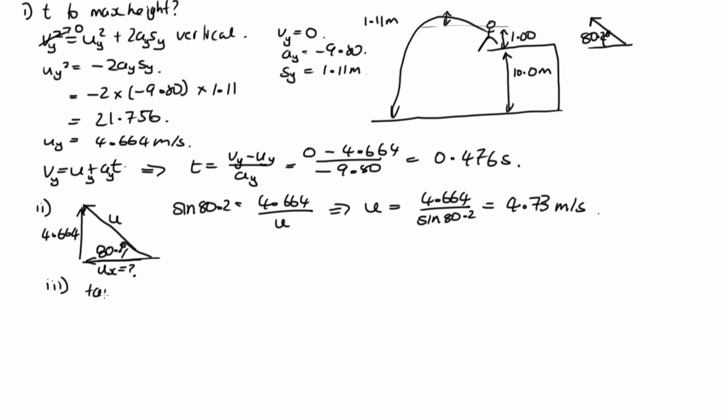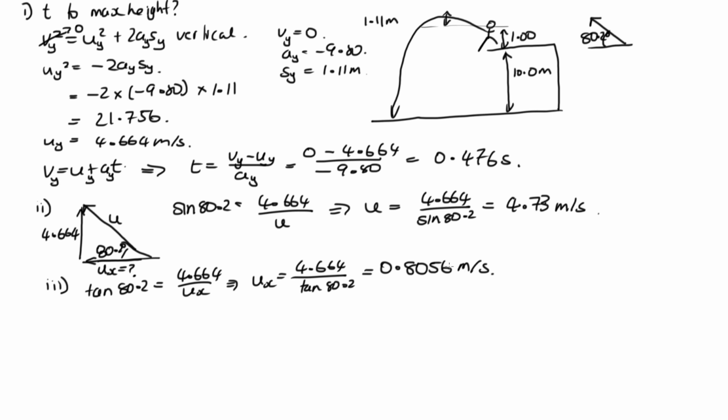Tan of 80.2 is equal to opposite, which is 4.664, over ux. Rearranging, ux is equal to 4.664 over tan of 80.2, and so this is equal to 0.8056 meters per second.